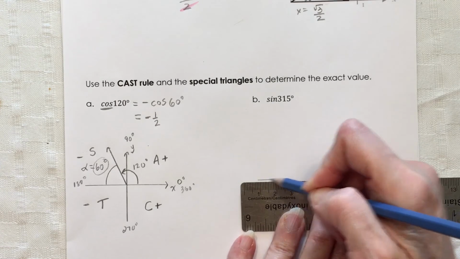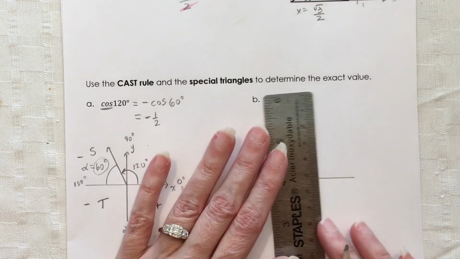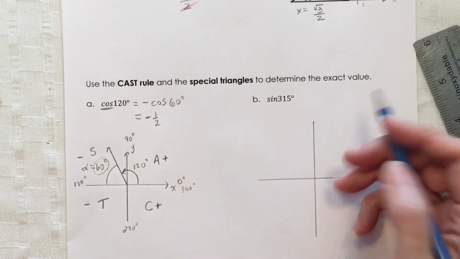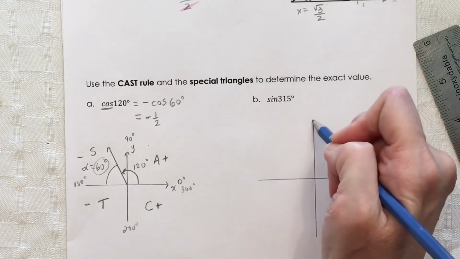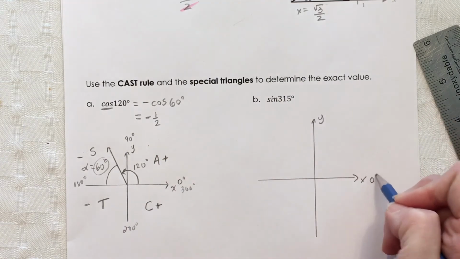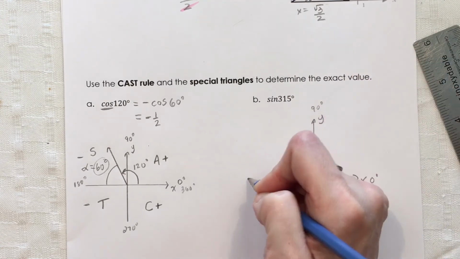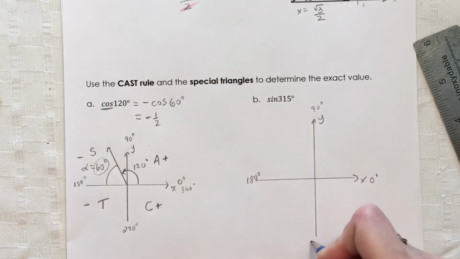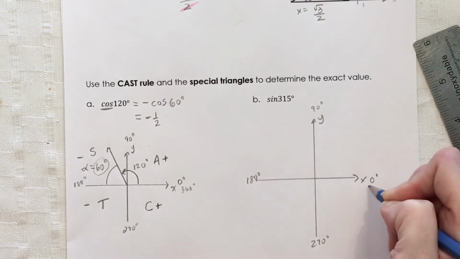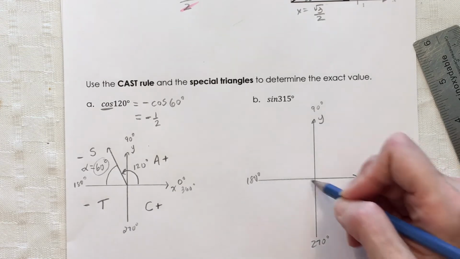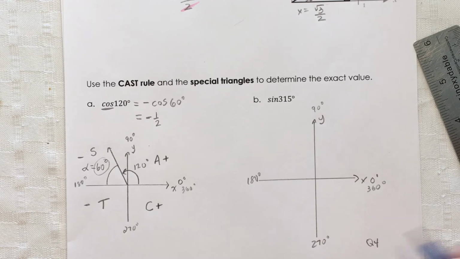Sine of 315 degrees. So again, we know this is 0, 90, 180, 270, 360. So 315. So I know it's going to be in quadrant 4 here.